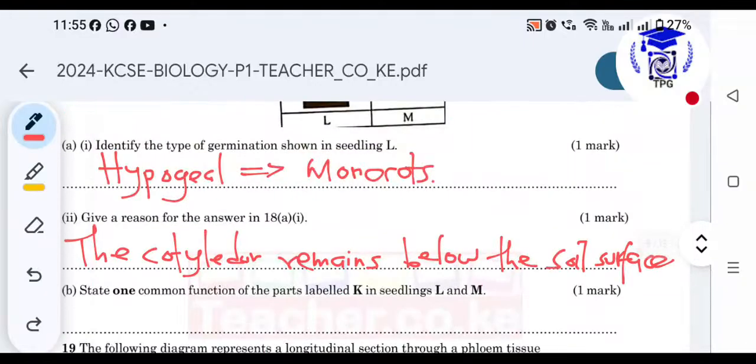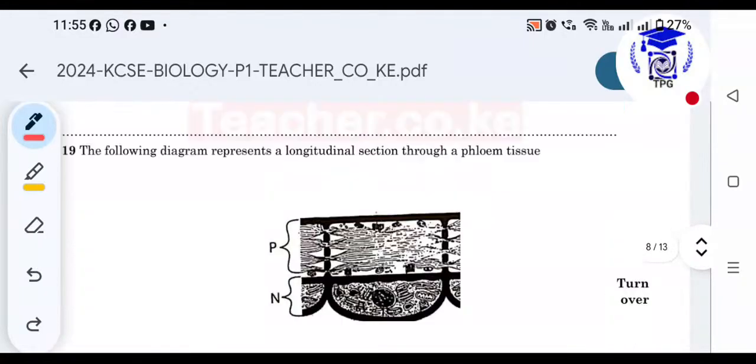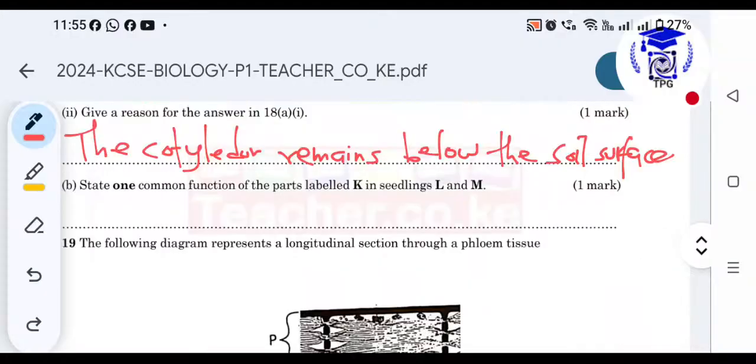K ni cotyledon. So it is for storage of food. The one common function is storage of food.